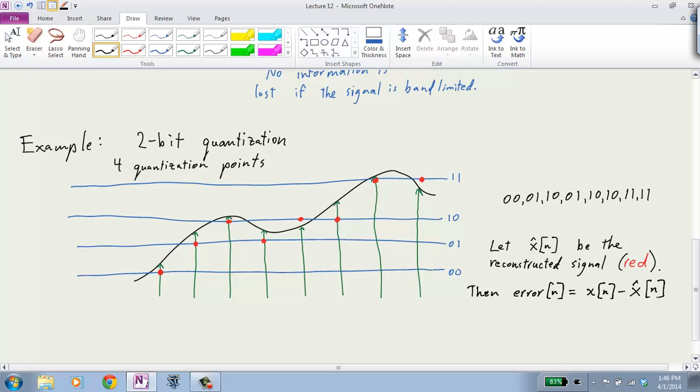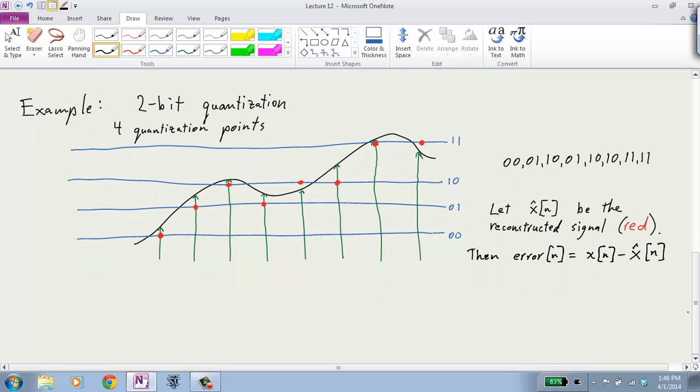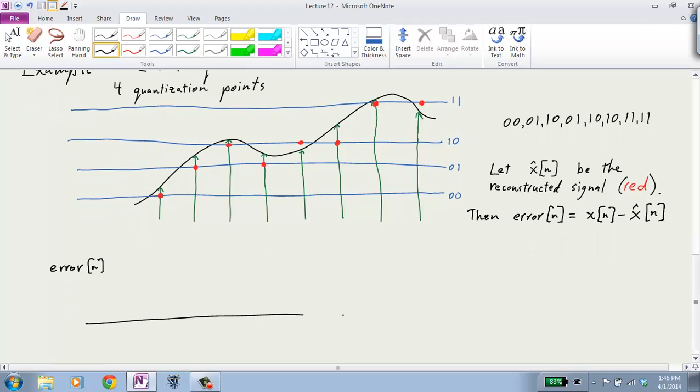Okay, so in other words, the error for this particular signal, we could say the error of n is a signal like this.